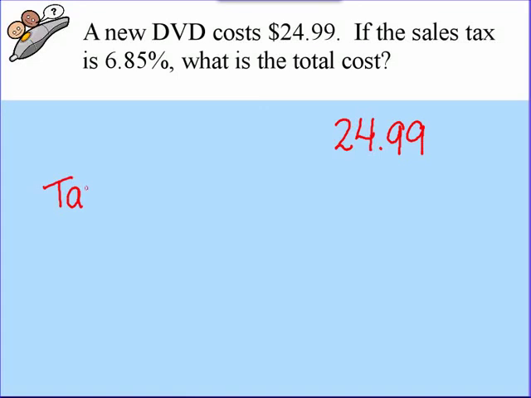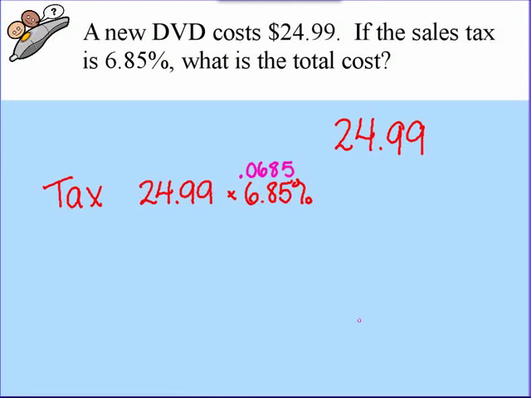Now how you calculate tax is you're going to take whatever your taxable amount is, $24.99, and take that times 6.85%. Now if you're doing this calculation on your calculator, 6.85% is what as a decimal? 0.0685. So go ahead and calculate that for me.